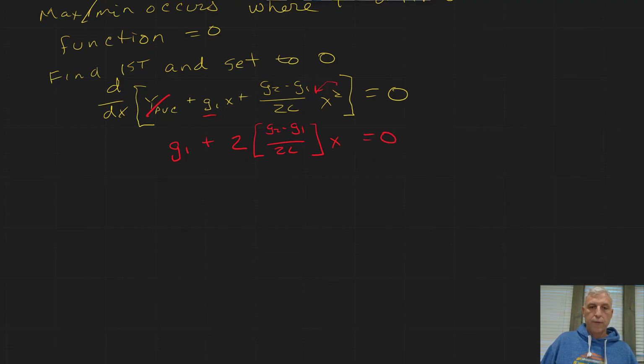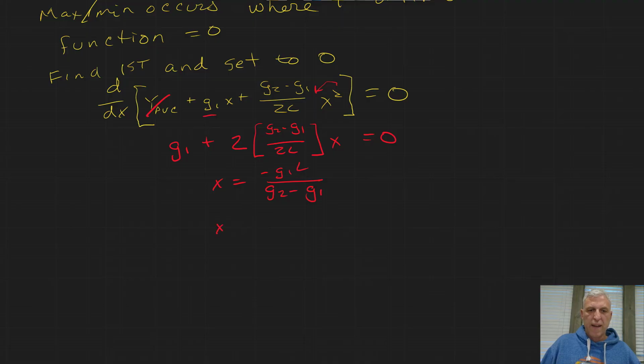And if we simplify this, I'm not going to drag you through the algebra. It's pretty simple. And then we solve for x. So x equals minus g1 L over g2 minus g1. Okay, all I did was solve for x there.